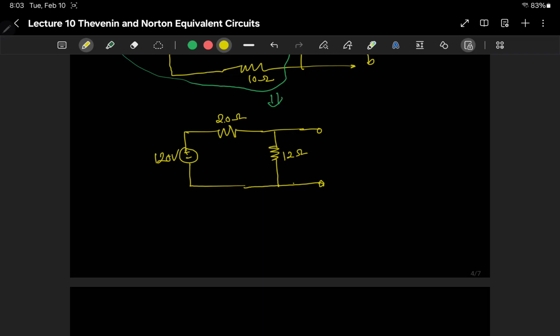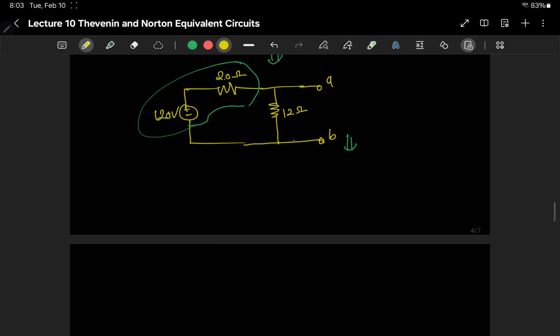Now what we can do is we have this part with practical voltage source or Thevenin equivalent. We can transform it to Norton equivalent again and see the final transformation. Okay, so what we're going to do is convert this part into Norton equivalent or current source form. Okay, that will give us something like this.